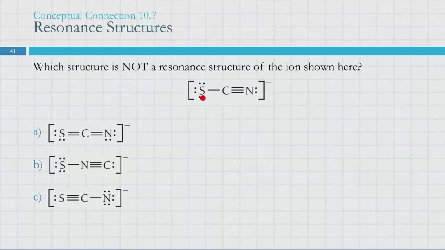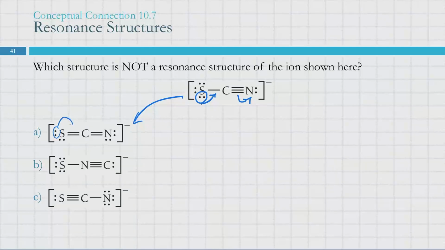For example, we could move these electrons in and then give some electrons back to nitrogen, which would turn us into A. So A is a resonance structure. We could also go another step.